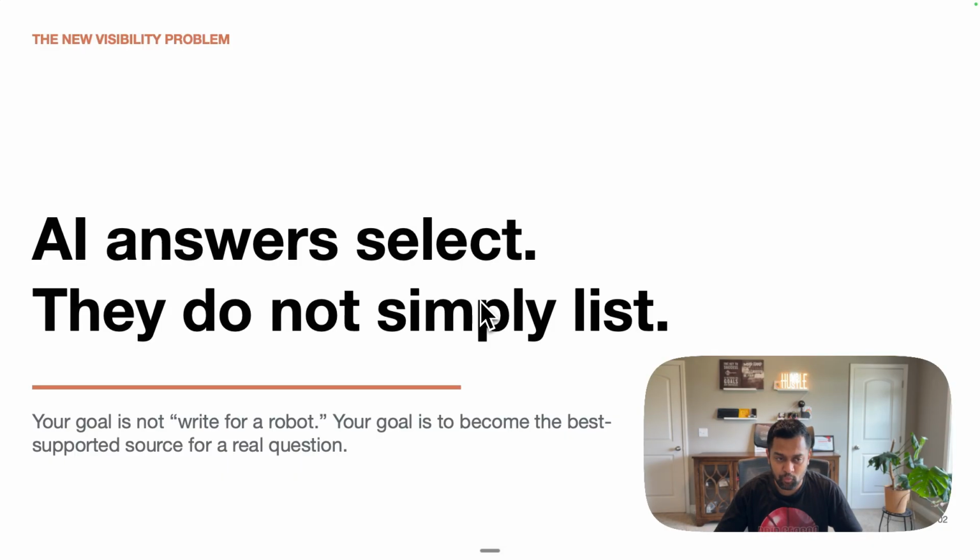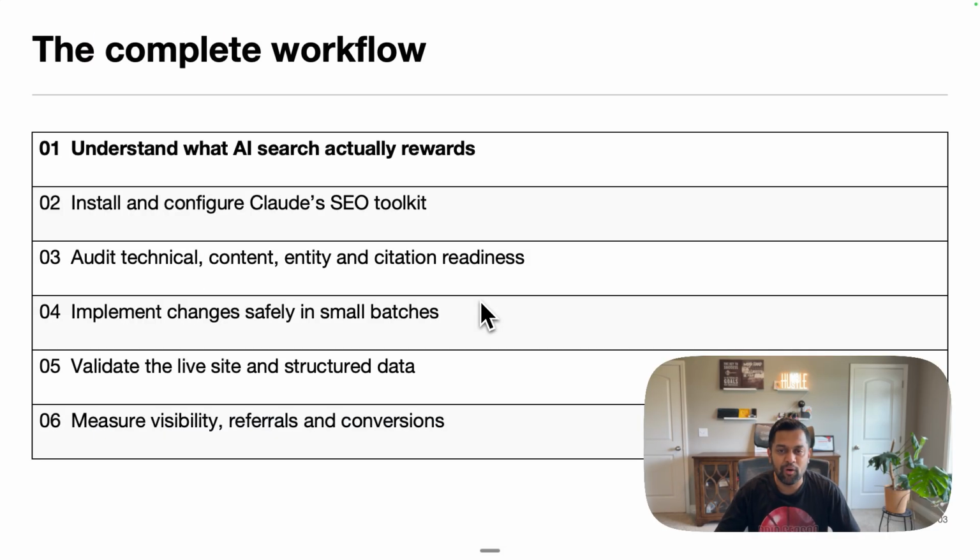So the complete workflow looks something like this. You understand what AI search actually rewards. You install and configure the Claude SEO toolkit, including additional prompts and skills. You do a technical audit of your content, entity, and citation readiness, and then implement changes safely in small batches.